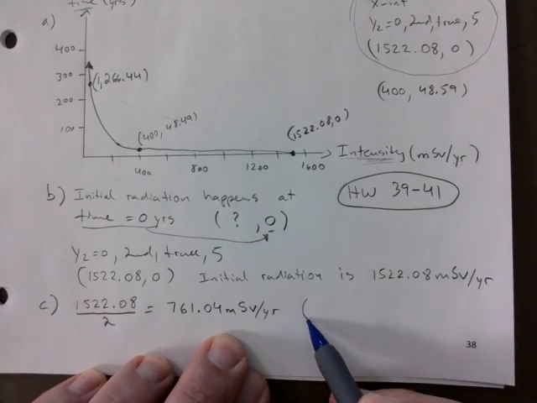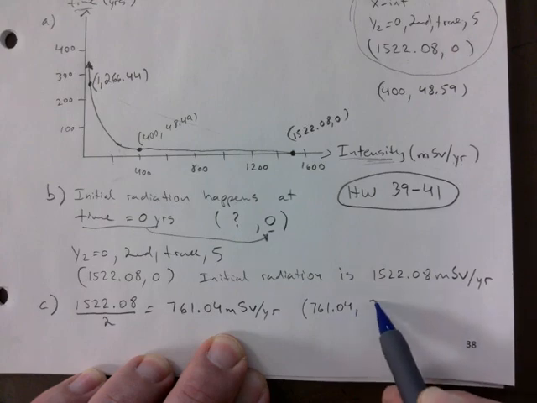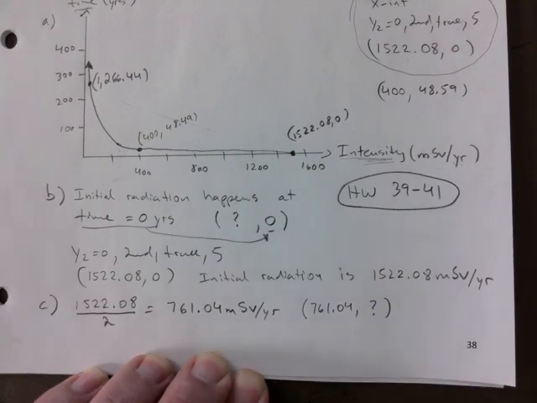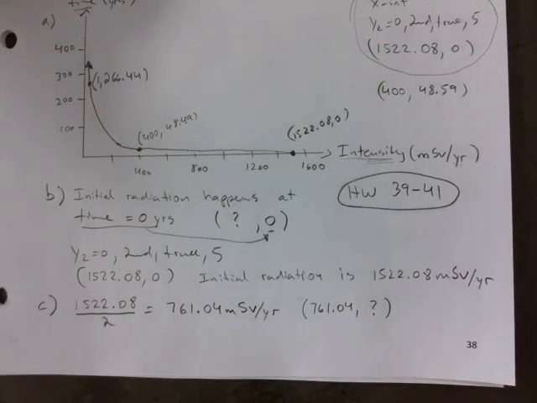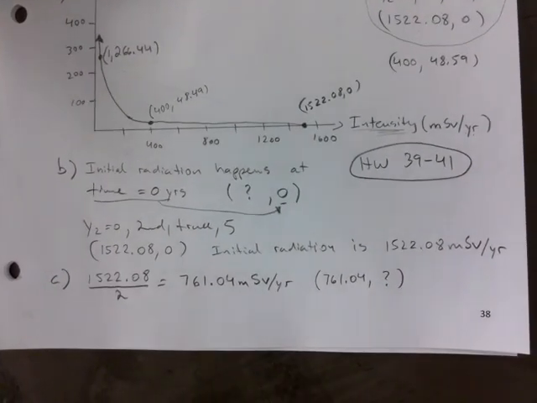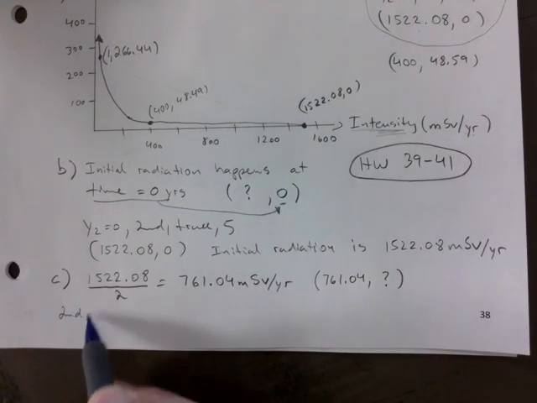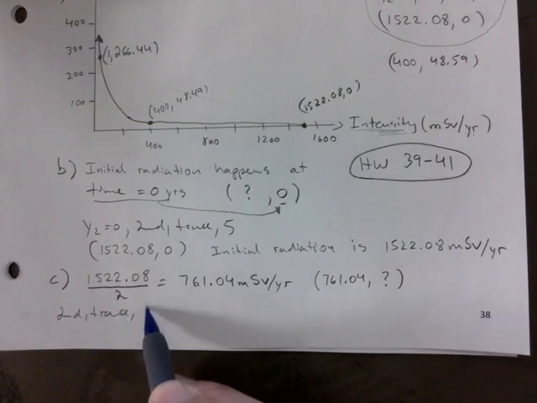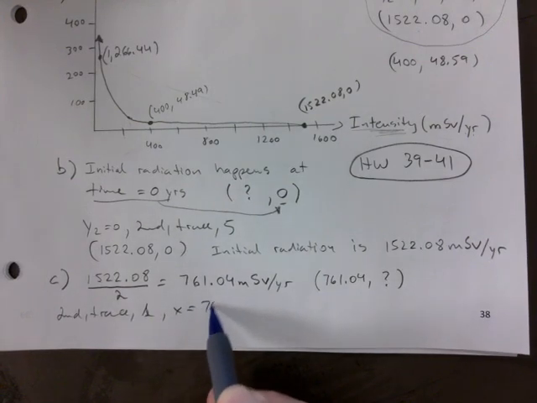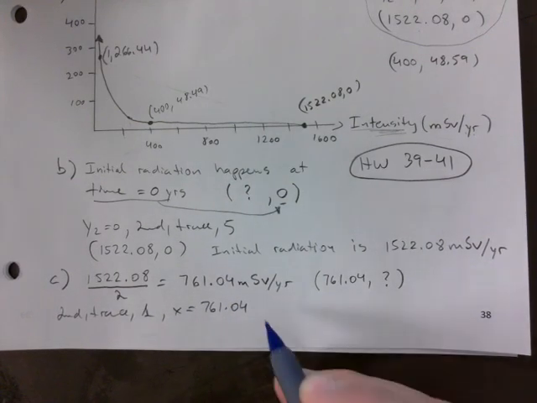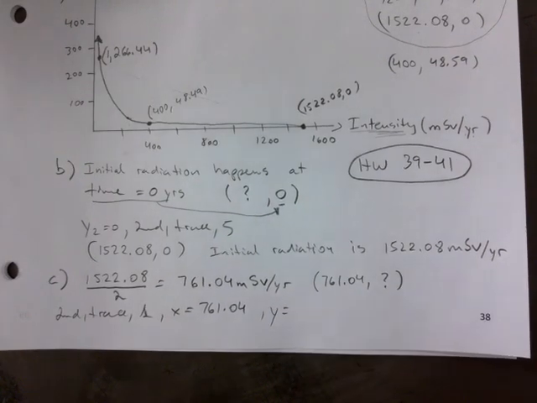So we want to know if x is this, what is y? That's what we want to know. So what function are we going to use on our calculators? Second trace 1, x is 761.04. Let's go ahead and find our y.